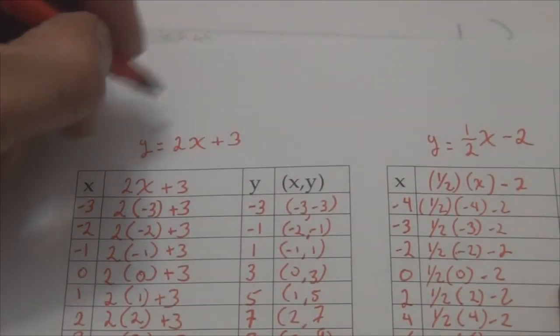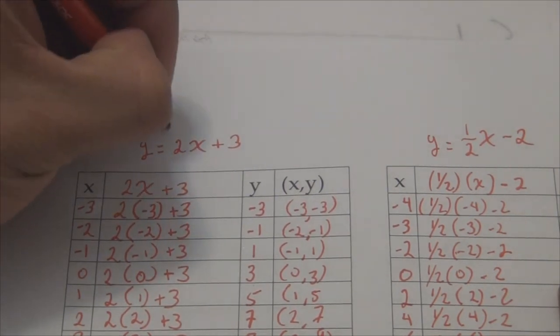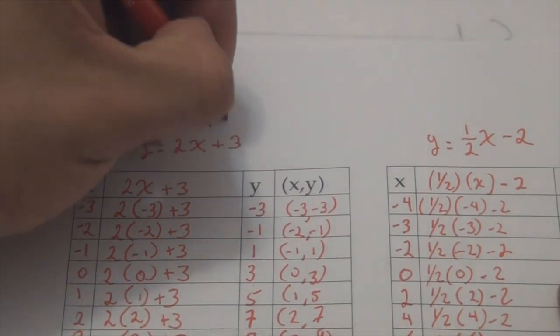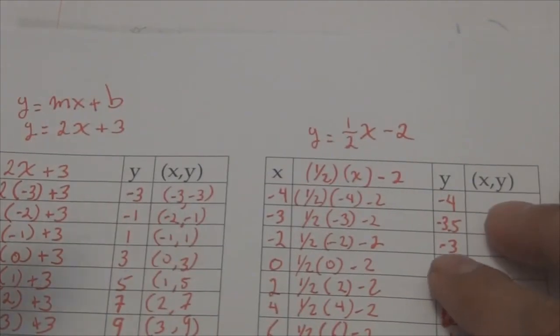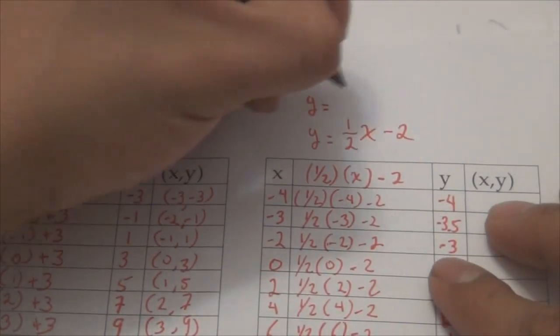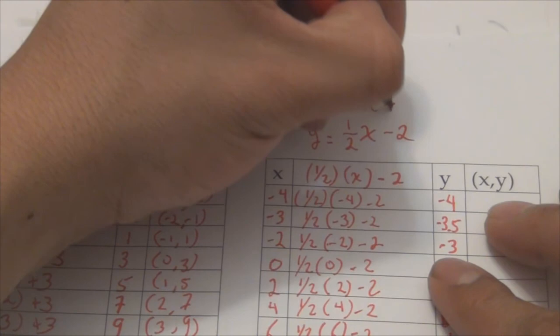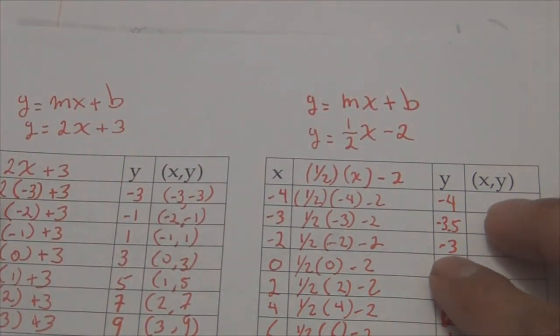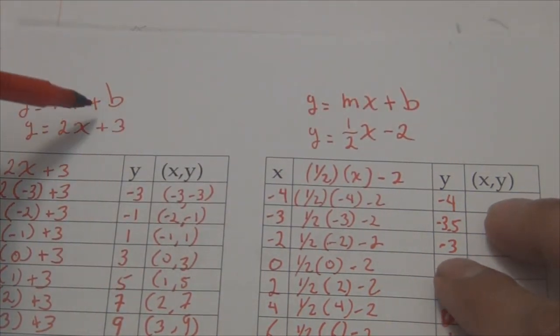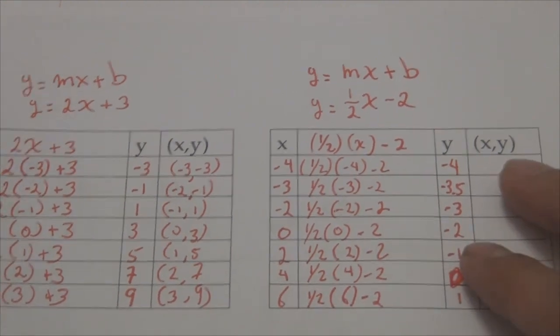So, for example, let us write the form right here. y equals mx plus b. Let us write it over here. y equals mx plus b. Now, I could say plus, but in reality, it could be plus or minus b. Okay?